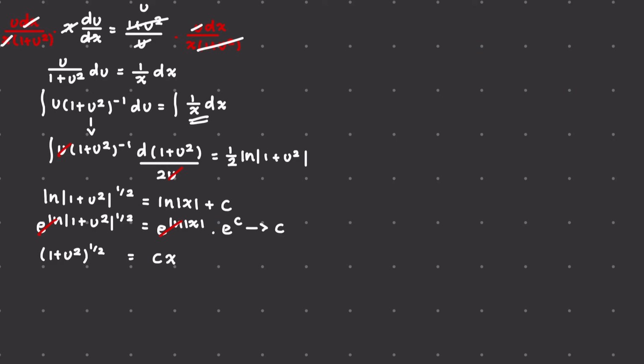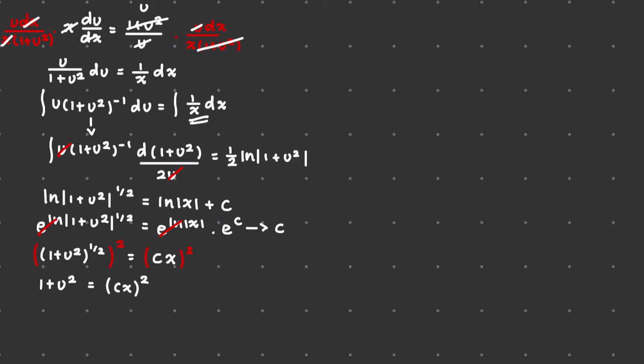c times x. Okay, and from here, let's square both sides to remove the square root on the left side here. After squaring both sides, this will give us 1 plus u squared equals (cx) squared.